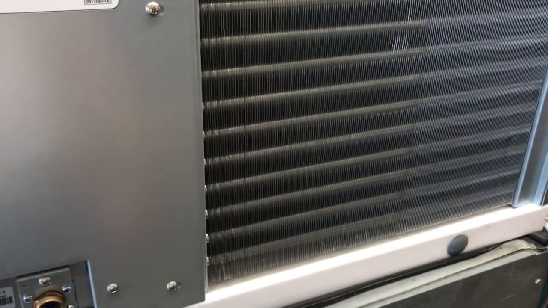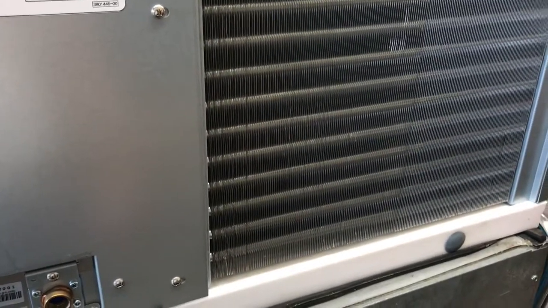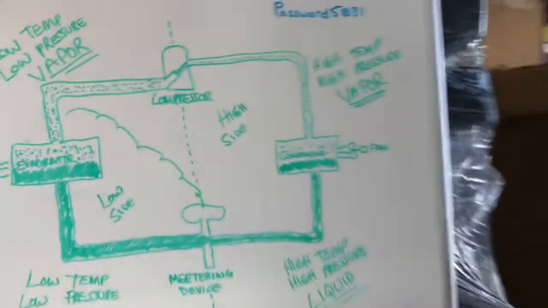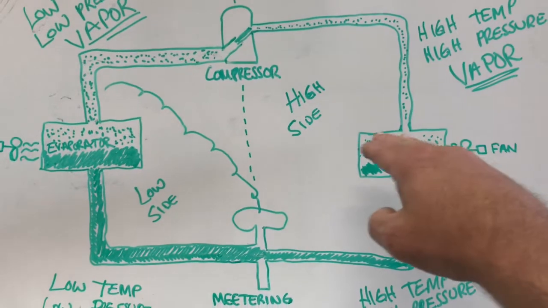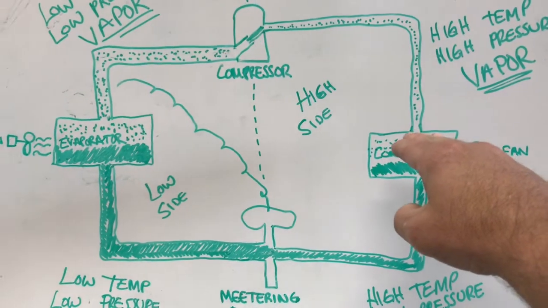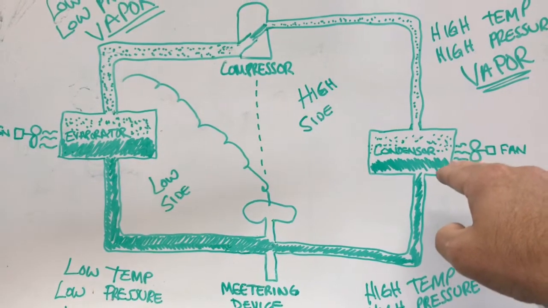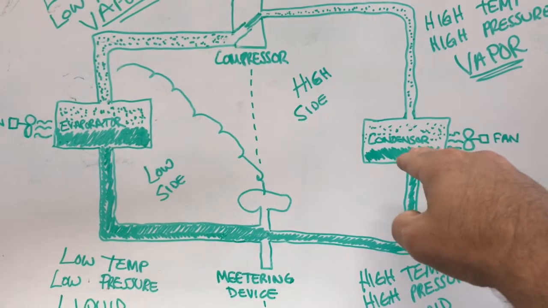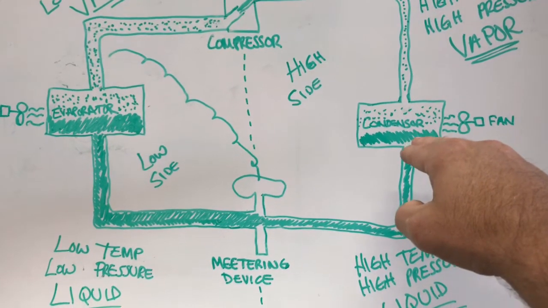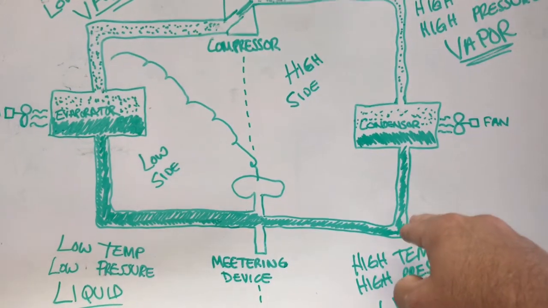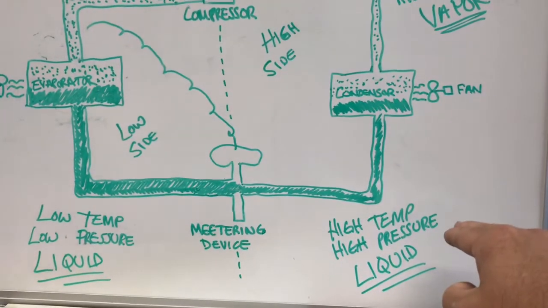At that point, we're in a high temperature, high pressure liquid, just like we show up here. So the refrigerant starts out as a vapor in our condenser, and as it makes its way through and that fan blows over it, it turns into liquid. When it exits the condenser, it's a high temperature, high pressure liquid.